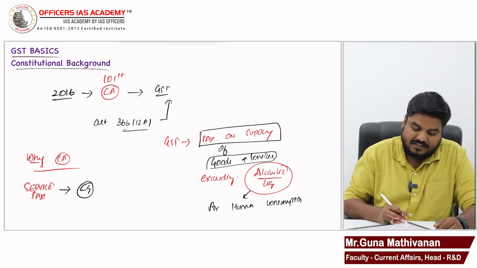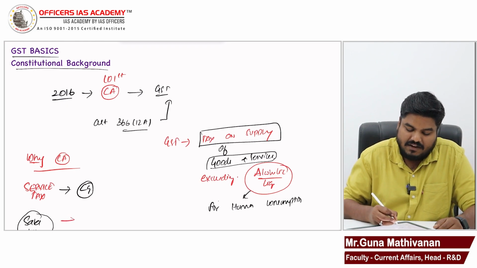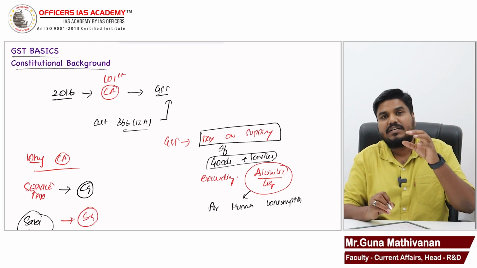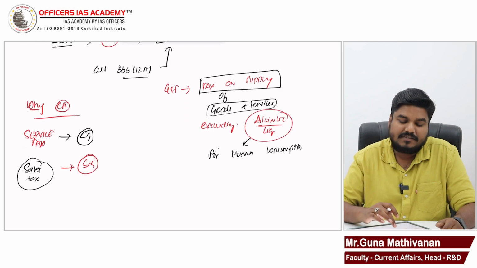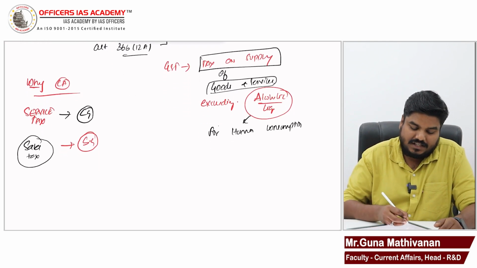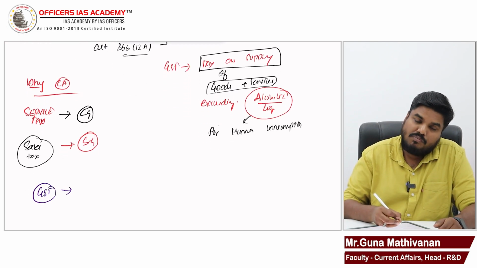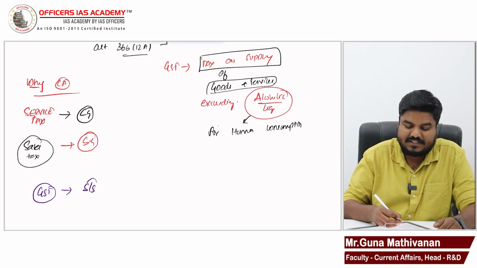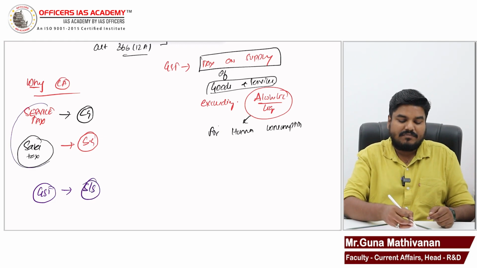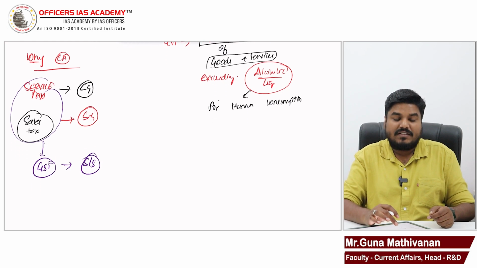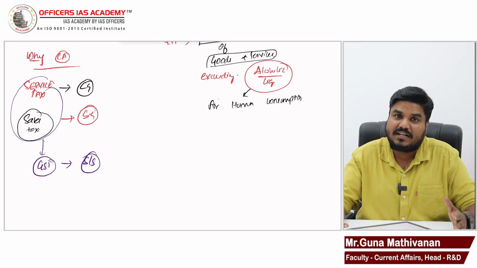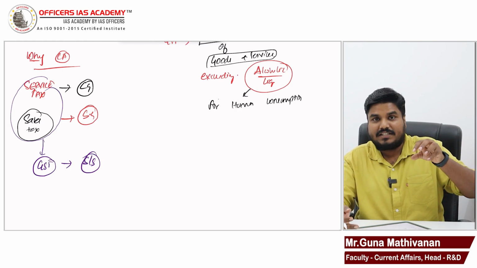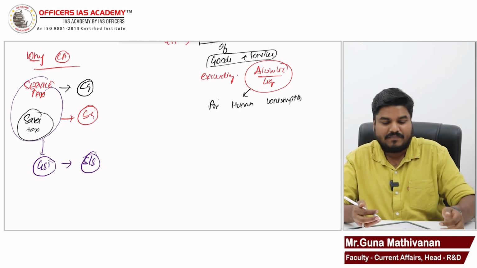Similarly, if you take sales tax, the state government had complete control of levying and collecting it. But now, GST has subsumed both the service tax as well as sales tax, and this GST is empowering both center as well as state to collect GST on both these items.